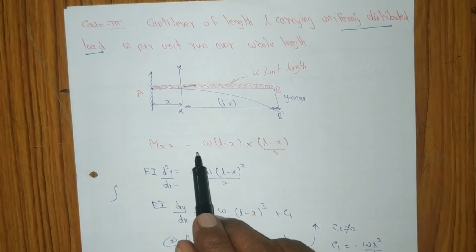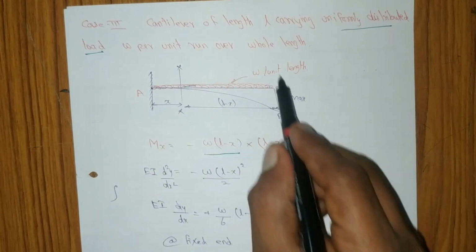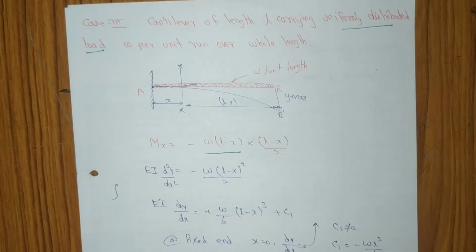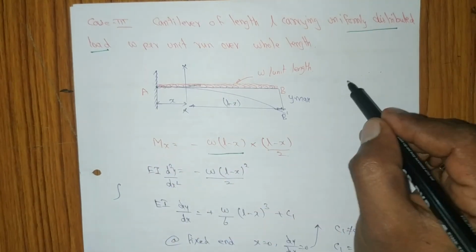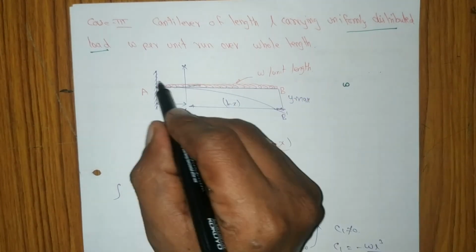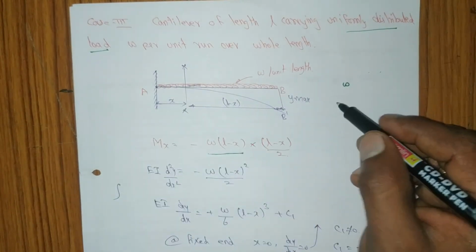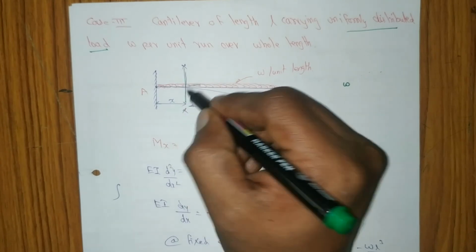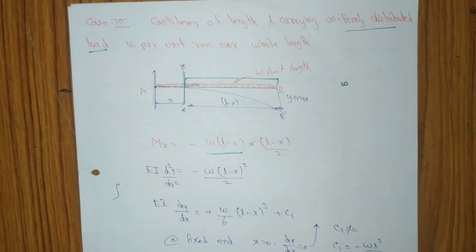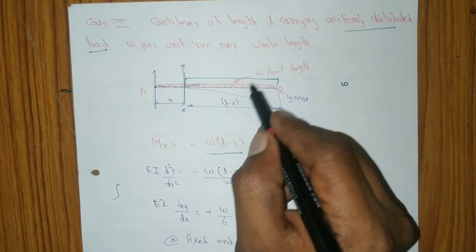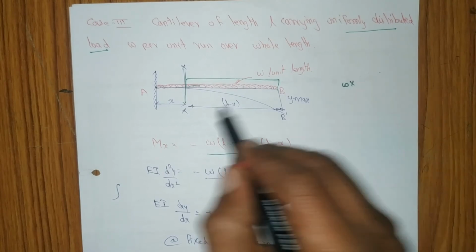How does this come? First you understand you have to convert this into a point load, right? This will have a small w, and at section x we are going to consider only this portion, only this load. So for the w, I have to take this distance.